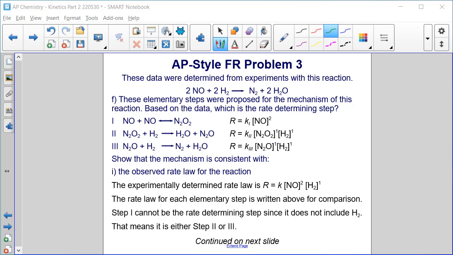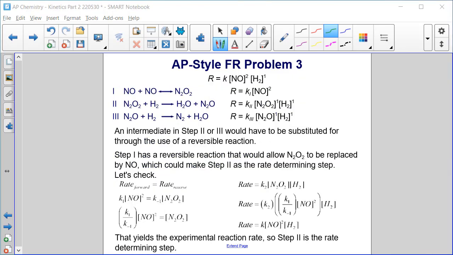So here's the observed, experimentally determined rate law. And if we're going to propose a series of steps, we have to make sure that the mechanism is valid. Step 1 cannot be the rate determining step since it does not include H2, right? So this is not rate determining. That means it's either step 2 or step 3.